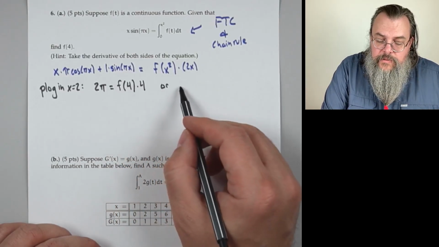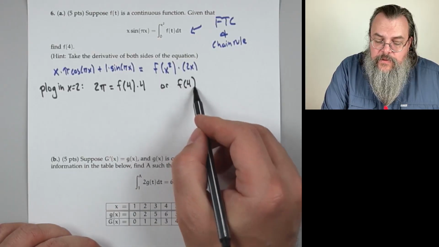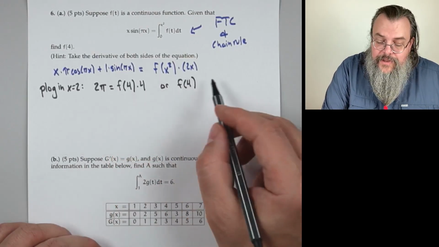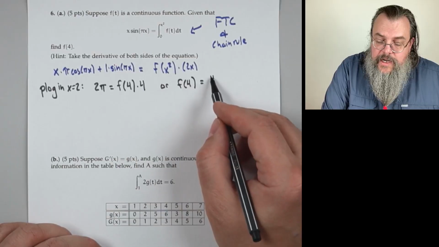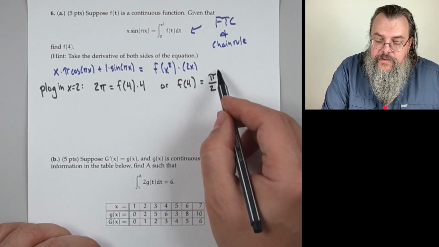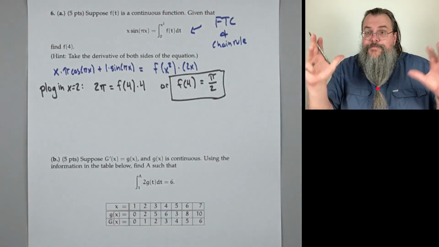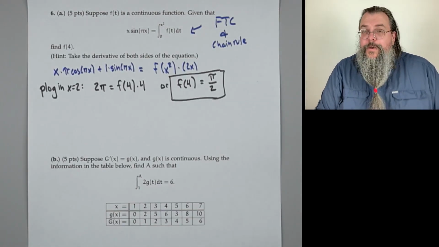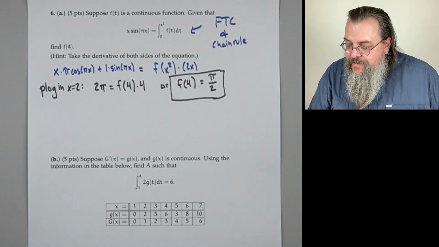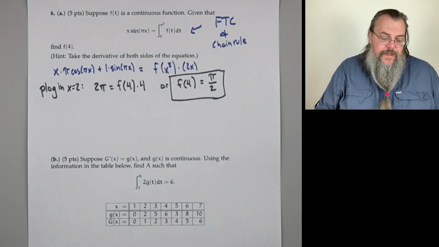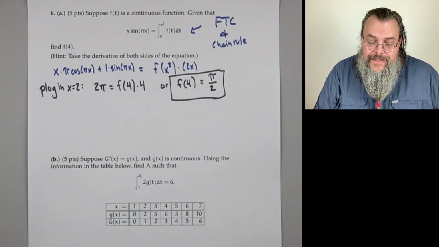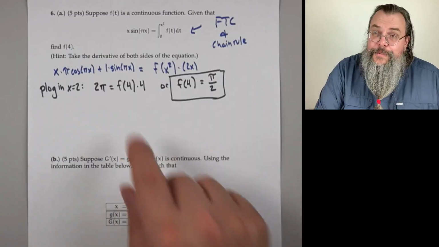Or, we could say, aha, f of 4, if we divide both sides, is equal to pi halves. Done. Wow. Amazing. All right, cool. Well, that's not so bad. The hint really helps that one.